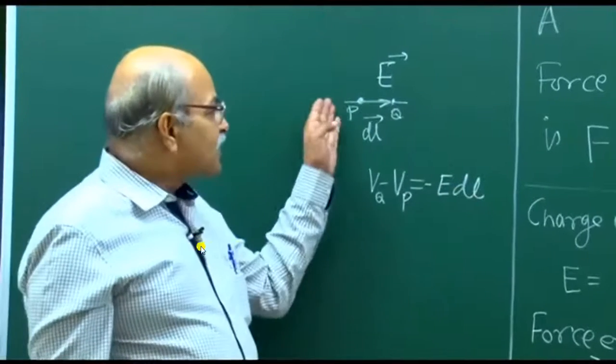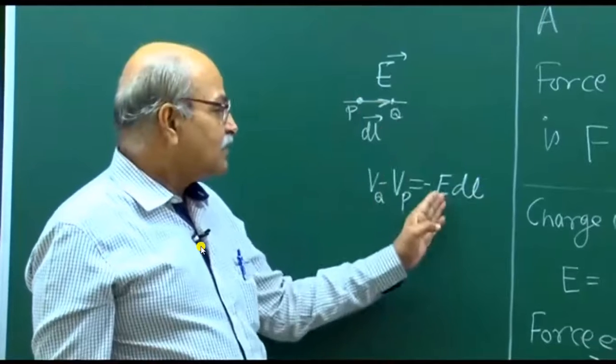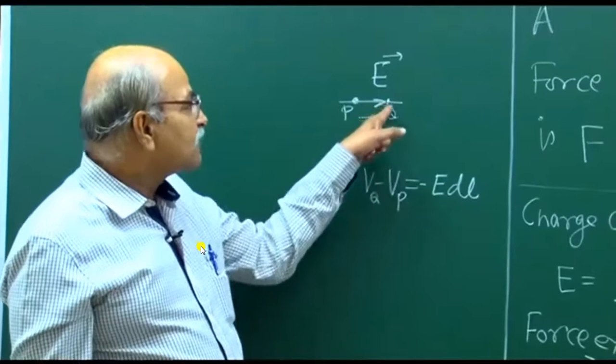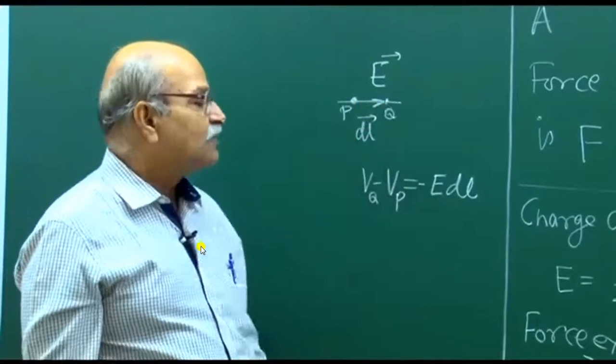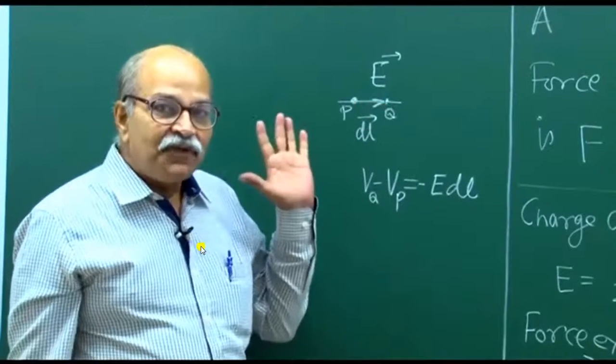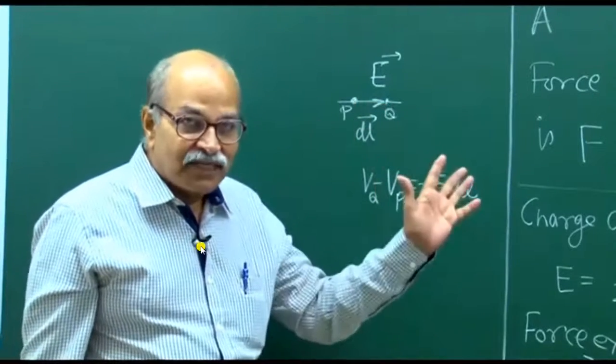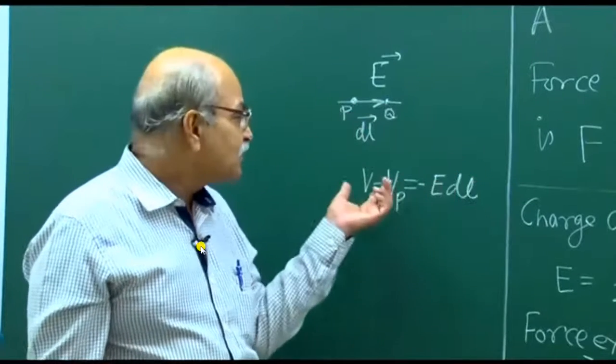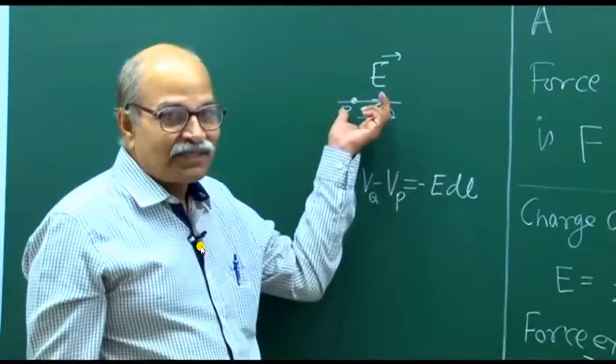If we are going in the direction of the electric field, E into dl with a negative sign will be the potential difference VQ minus VP. That means if you are going in the direction of the electric field, the potential decreases.